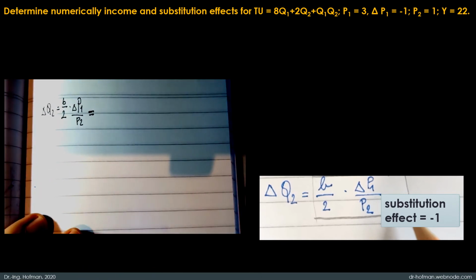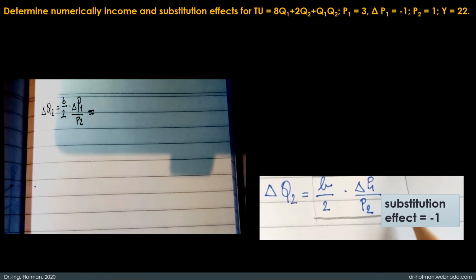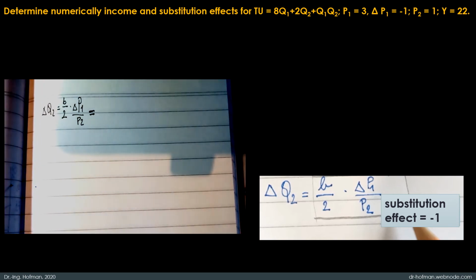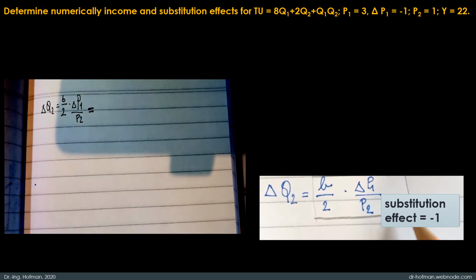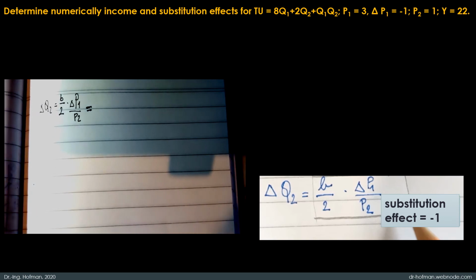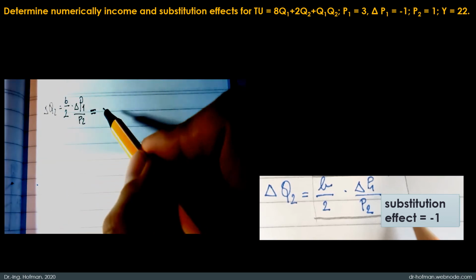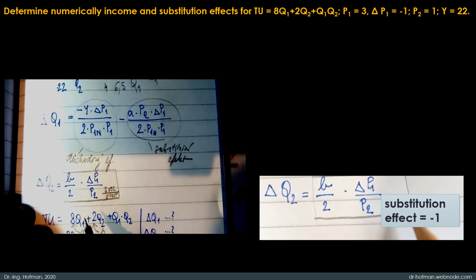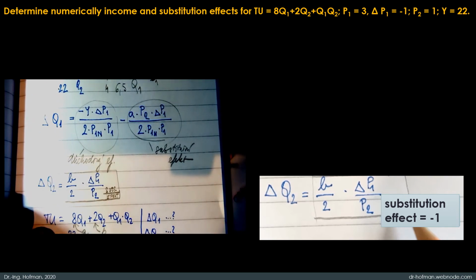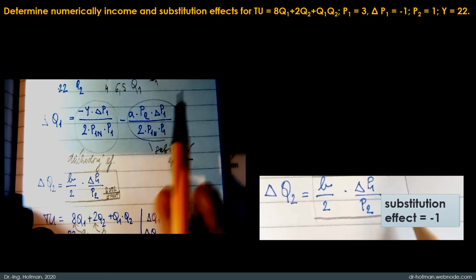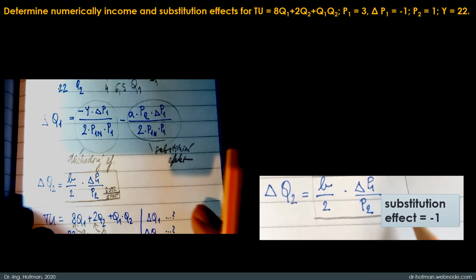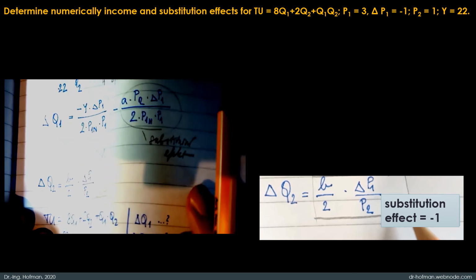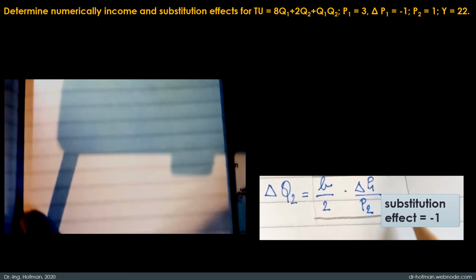Let's express the substitution effect for the quantity of the second good. So the delta Q2 equals B over 2 times delta P1 over P2. Only the substitution effect, because the change was only in the price of the first good. You know B from here is 2. So we substitute this number into our expression.